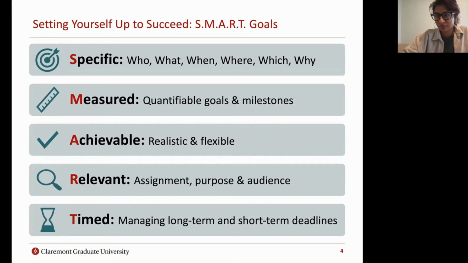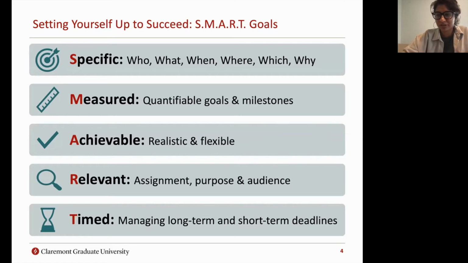And then you also want to make sure that all of your goals are measurable and achievable. So in this sense, when you're developing your short-term goals, you want to make sure that you can quantify what you're doing, how many pages, how many components of the assignment, and that these are achievable and realistic goals that you can accomplish for yourself.